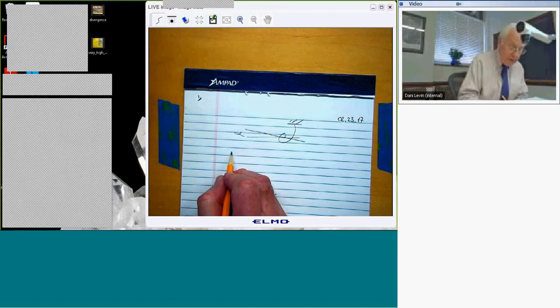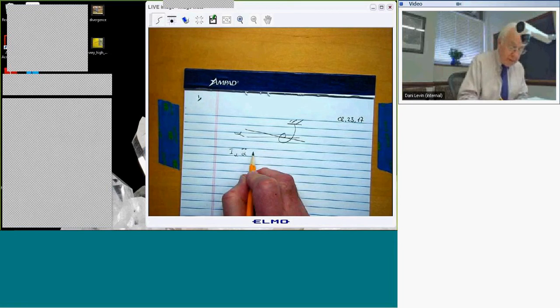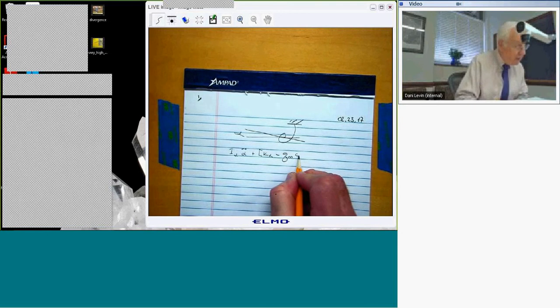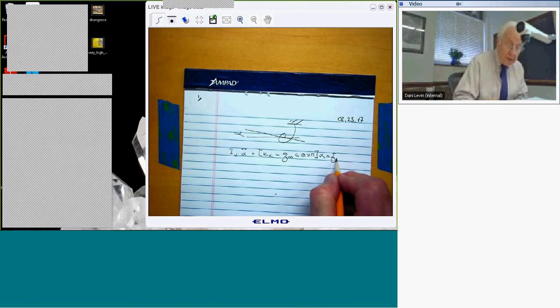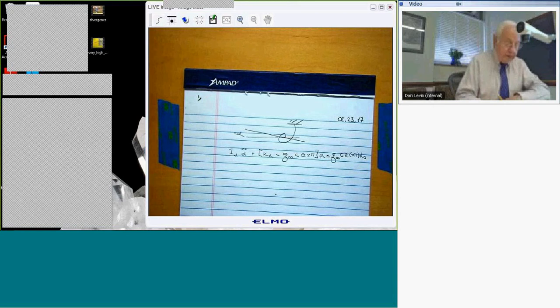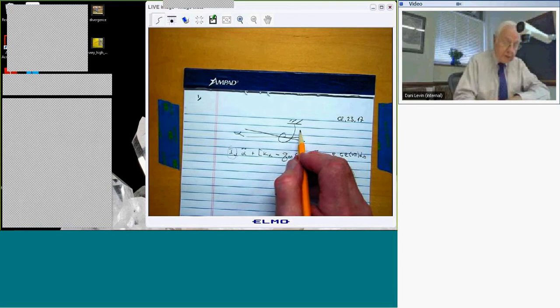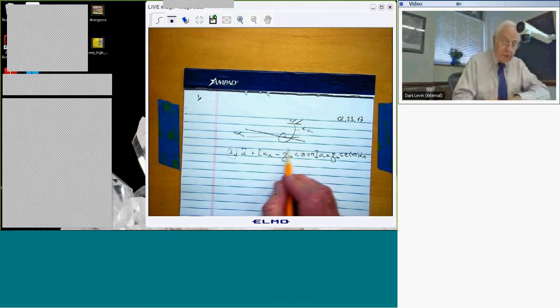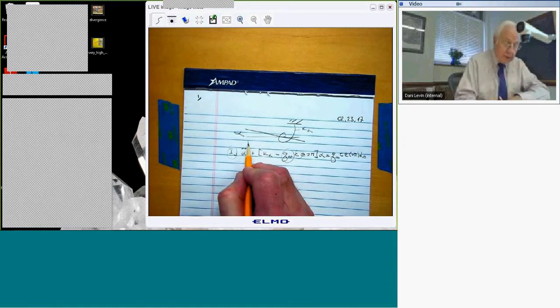And the equation of motion for that is I_alpha alpha double dot plus K_alpha alpha minus Q_infinity C E 2 pi alpha equals Q_infinity C E 2 pi alpha naught. And this, of course, is the moment of inertia. This is the spring constant. This is the dynamic pressure of the flow. This is the chord.